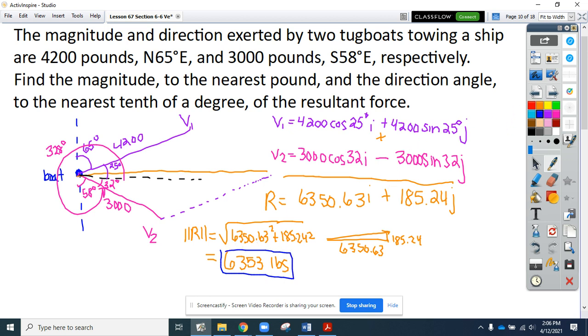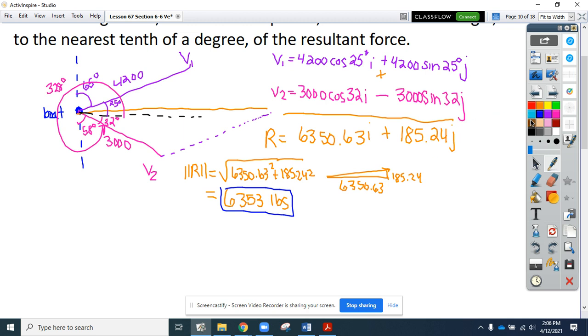And then last part, we want the direction angle. So now again, because I drew the resultant force that I got, all I'm looking for is this angle, which you can tell is going to be very little. I think the easiest way to find this, I have the opposite and the adjacent, so I'm going to use tangent. Tangent of theta is the opposite over the adjacent.